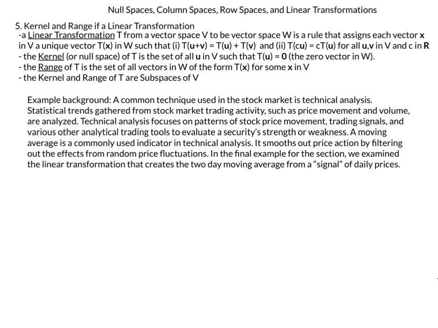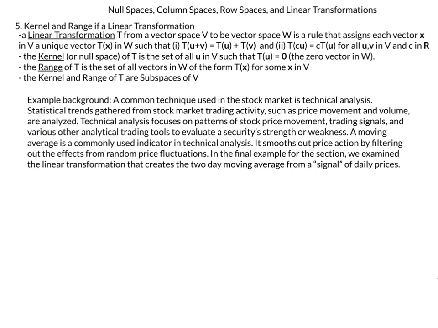Before we do our next example, just some background. A common technique used in the stock market is technical analysis. Statistical trends gathered from stock market trading activities, such as price movement and volume, are analyzed. Technical analysis focuses on patterns of stock price movement, trading signals, and various other technical analytical trading tools to evaluate the security's strength or weakness.